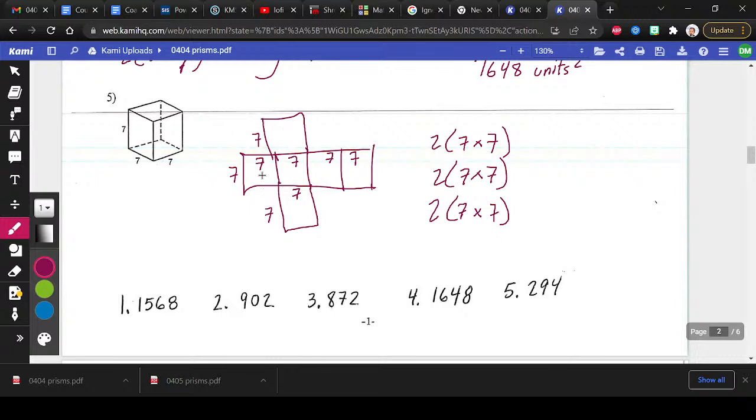Because there's 1, 2, 3, 4, 5, 6 7 by 7s. So 2 times 7 times 7 is 98. And we add these three 98s up. So 98 times 3 is 294. And that's units squared.